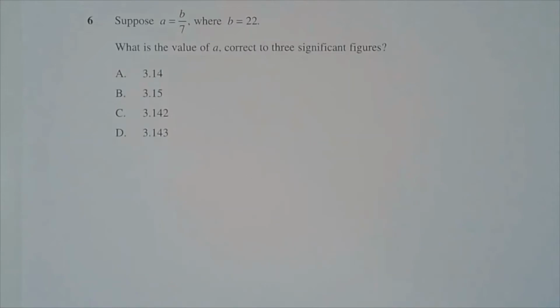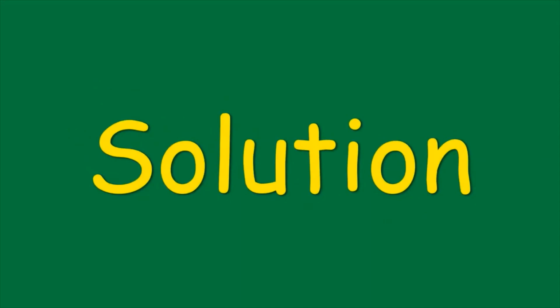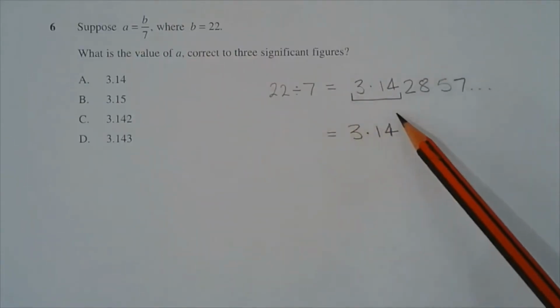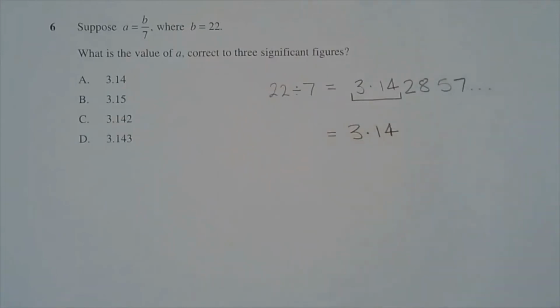Question 6. Suppose A equals B over 7, where B equals 22. What is the value of A, correct to 3 significant figures? Firstly, 22 divided by 7 is equal to 3.142857 and so on.